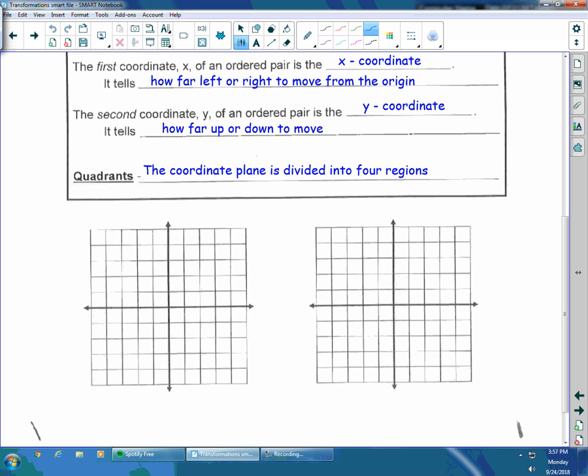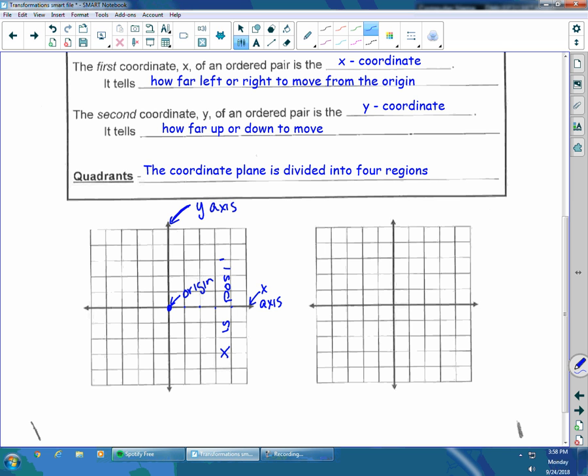Okay, so our vertical number line is our y-axis. The horizontal number line is our x-axis. The center is the origin. So from the origin, if I'm going right, that means my x is positive. My first coordinate would be positive. So these 2 regions, x is positive.